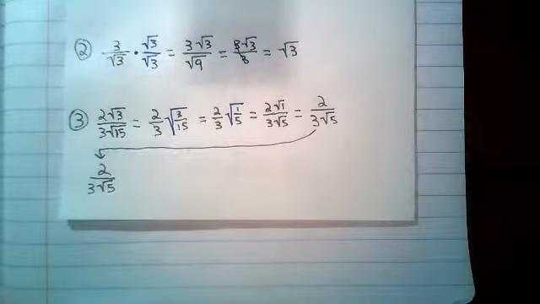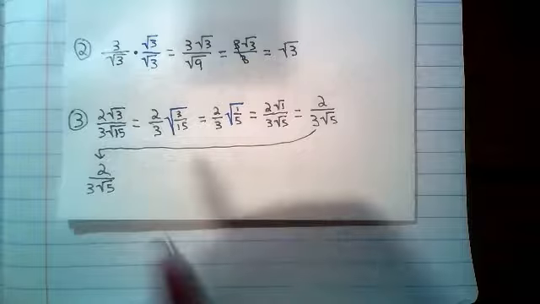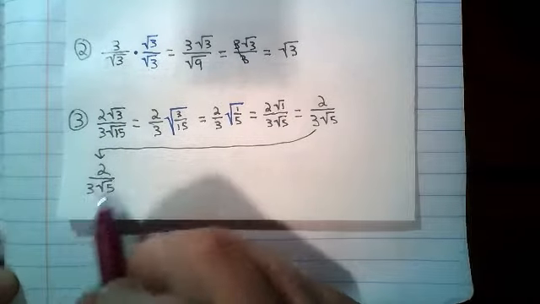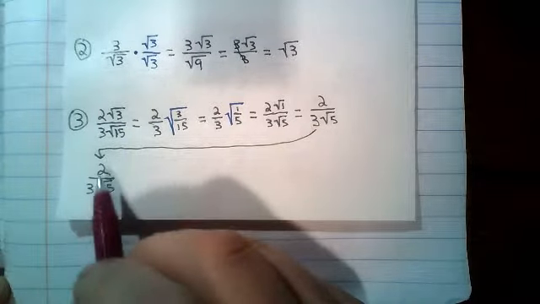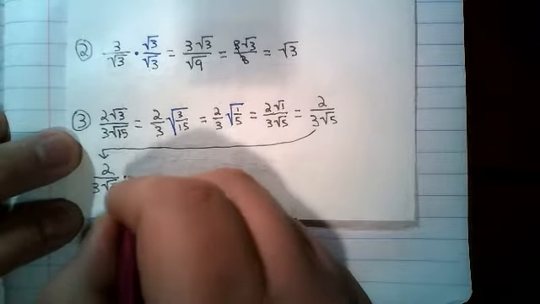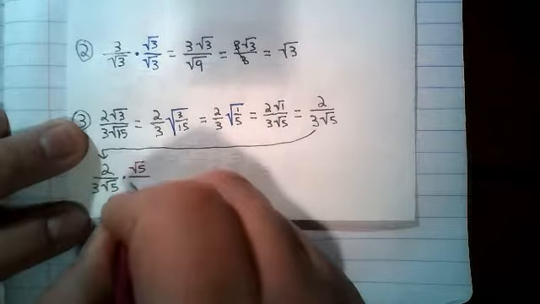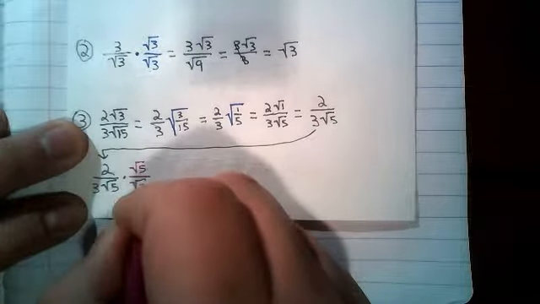And let's use another color because we have another process that we're doing. I don't want to change the value of this. I just want to change the way it looks. So I'm going to multiply it by the square root of 5 over the square root of 5.